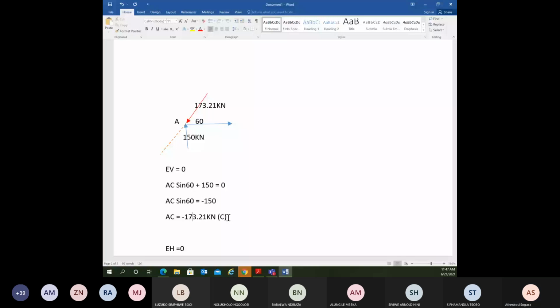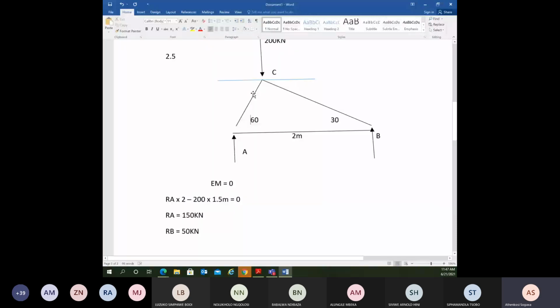Now, having that, if AC is in compression, that means we are compressing towards point A. That means this one compresses on this side and also compresses at C. So when compression pushes towards the joint you are at, it does not mean it will be negative. At C, compression is towards the positive side, towards the positive vertical.